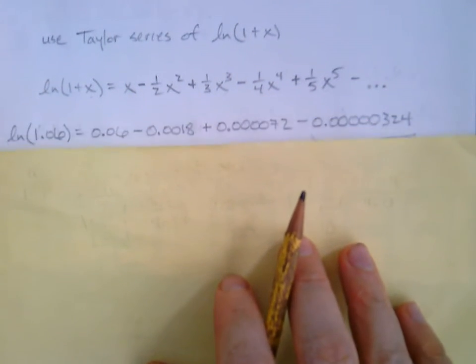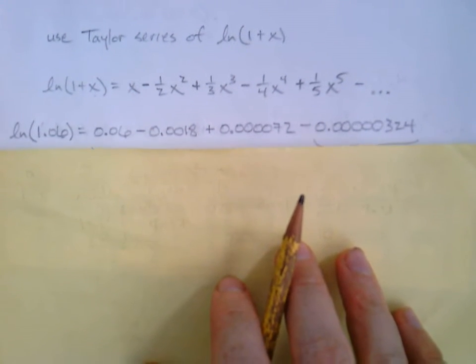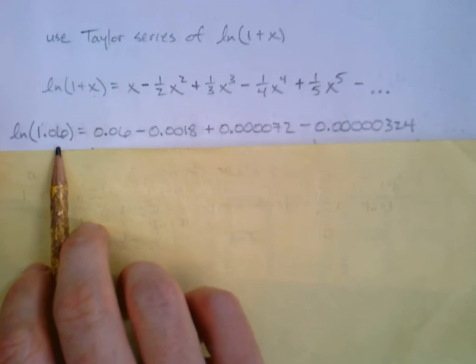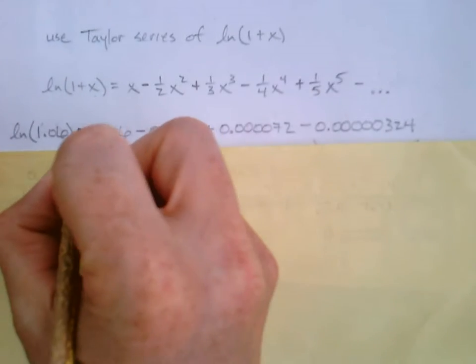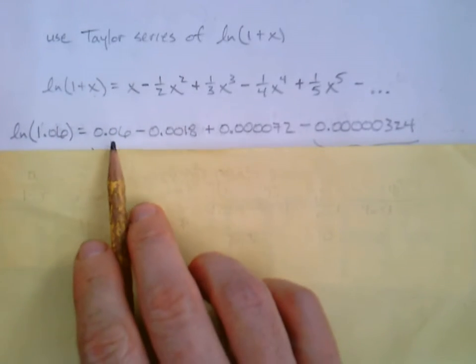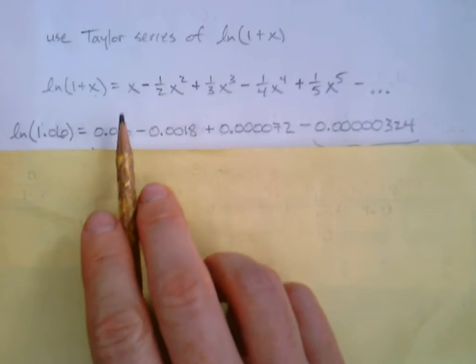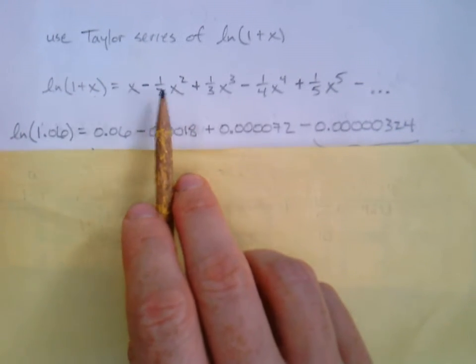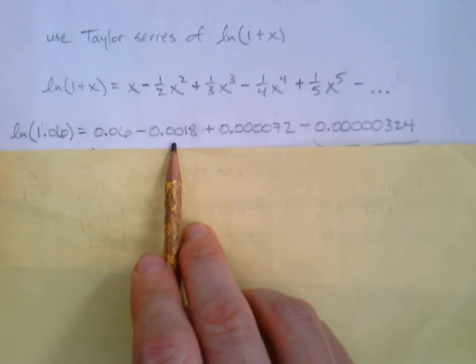So I'm going to plug that in. And I just want you to look at this. So the natural log of 1.06 will equal 0.06. I'm just putting that in for x. I put the 0.06 in for this x, did the whole thing, and got that.